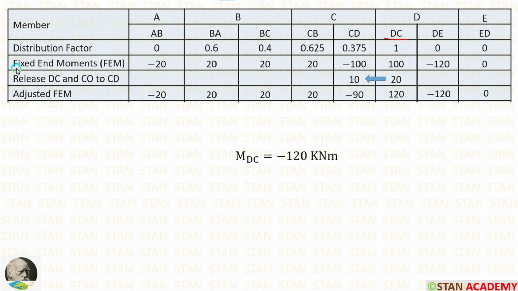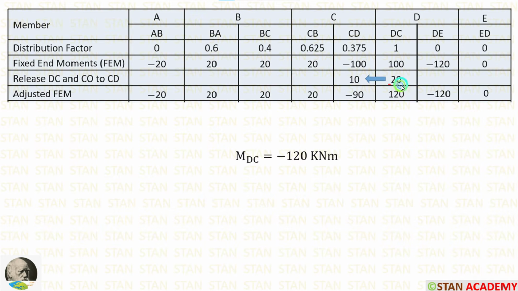For DC, the fixed end moment is 100. When we add 20 with this 100, we will get 120. So we have released DC and we have to give the carryover from DC to CD.